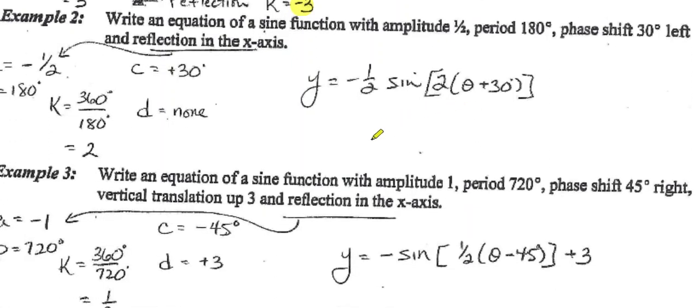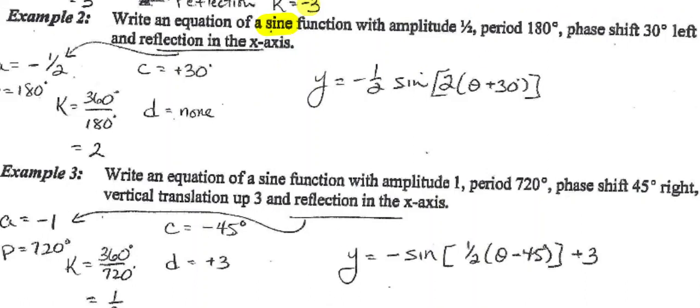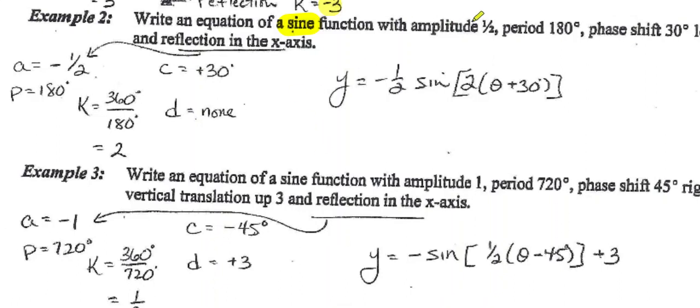All right, example 2. It says write the equation of the sine function with amplitude 1/2, period is 180 degrees, phase shift 30 degrees left, and a reflection in the x-axis. So amplitude is 1/2. I have the negative here because it says reflection in the x-axis, so you want to make sure that gets put with the A value.